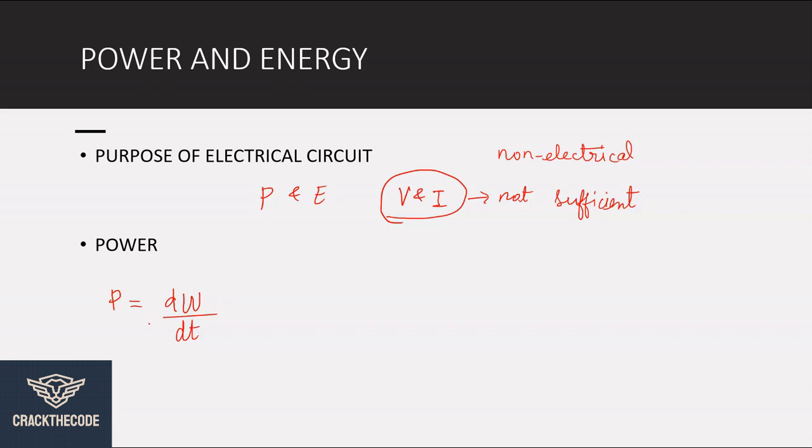Now, this formula, keeping in mind the basic mathematical laws, can be rewritten as dW by dQ into dQ by dt. And as you have seen from previous explanations, dW by dQ is nothing but our voltage and dQ by dt is nothing but our current.